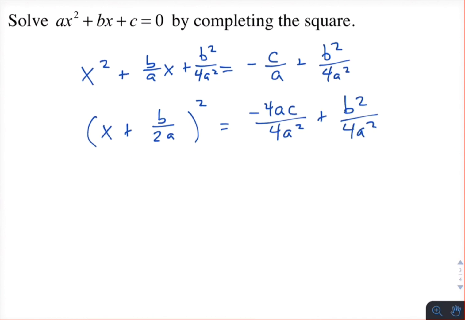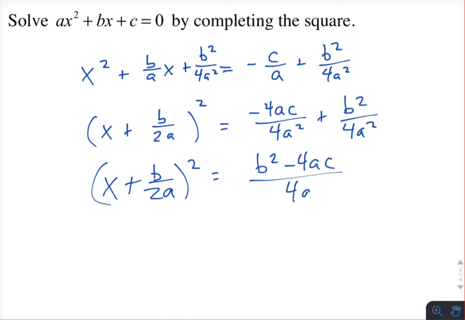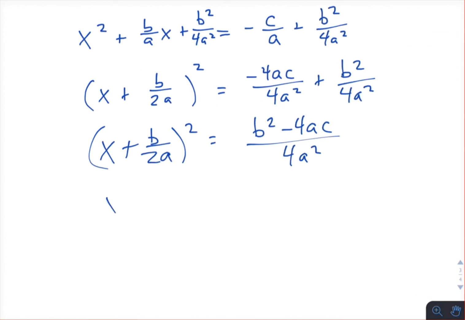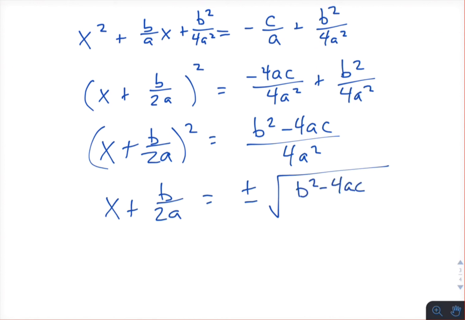And so notice again that this is x plus b over 2a squared, and let's combine these and shift around the order a little bit so that I can lead with the positive b squared. And now we're going to take the square root of both sides, plus or minus the square root of b squared minus 4ac over 4a squared.